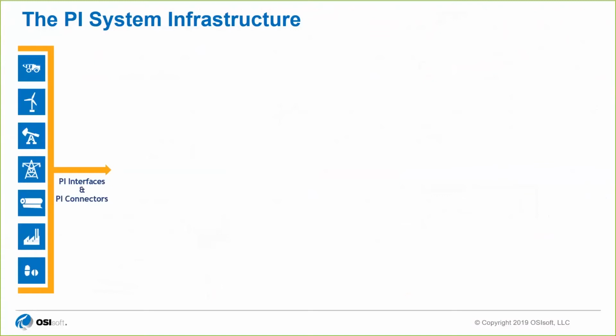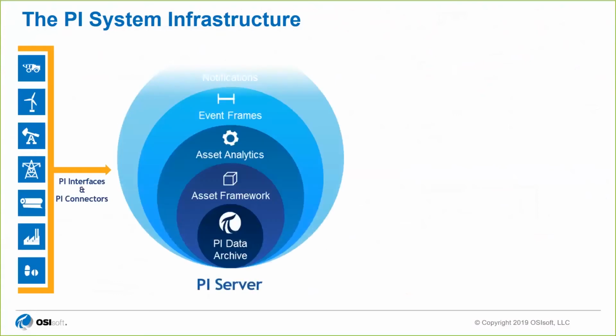No matter what it is, a mining truck, a wind turbine, an oil derrick, a bottling plant, a pill encapsulation press, we're going to have an interface or a PI connector that's going to go out, talk to these pieces of equipment, talk to these bits of your process that are going on, collect that data, find out the temperatures, the pressures, the rotation speeds, whatever it is, get that data and throw it into the PI server.